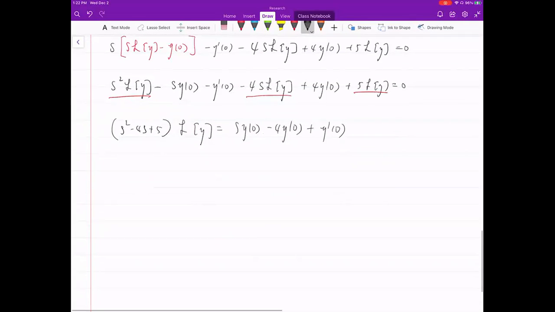All right. So L[y] equals, what is it? That's y(0).